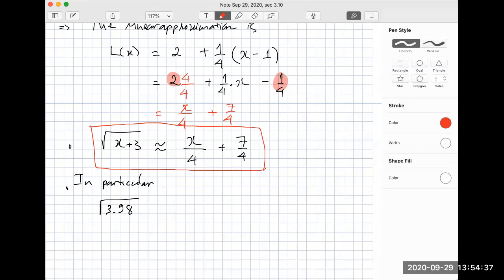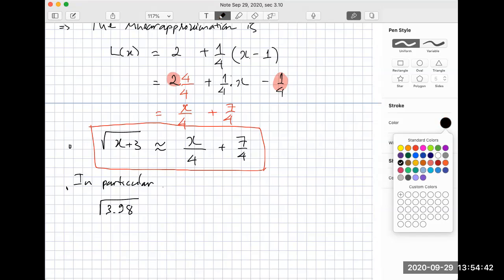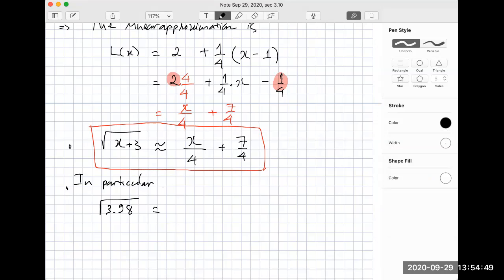But before using it, we need to make it clear. Here it is something plus 3, right? And our number here is 3.98. Can we separate it into something plus 3? Perfect, 0.98. Very good. Thank you. Was it you, Michael? Yes.